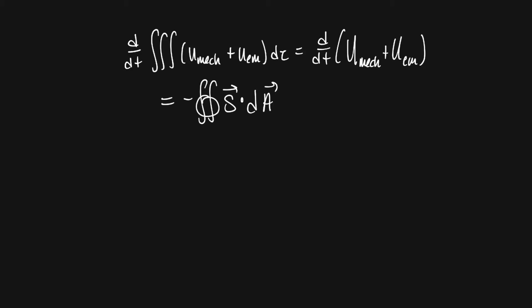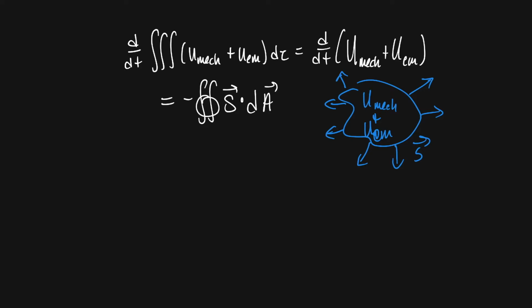So if you're looking at a volume that has a total amount of mechanical and electromagnetic energy, the way that that gets transported across the boundary has to do with what S looks like at every point in space over the area that you are transporting the energy across the boundary.